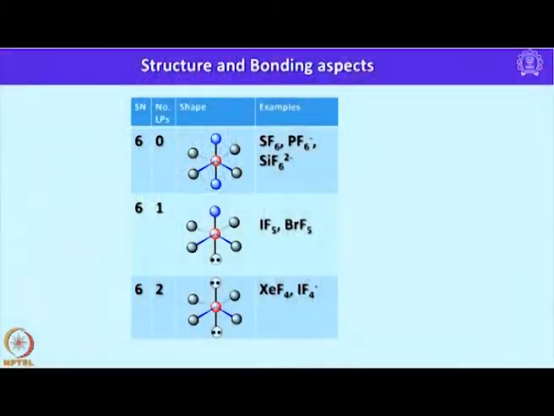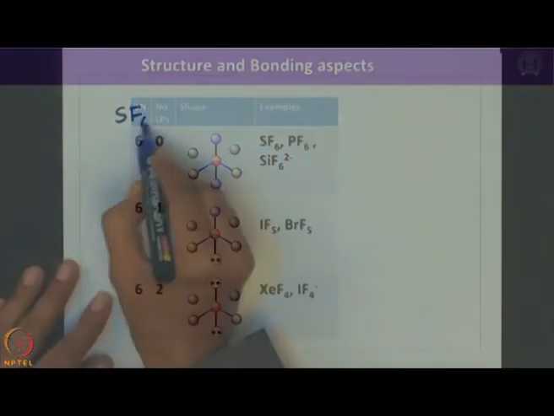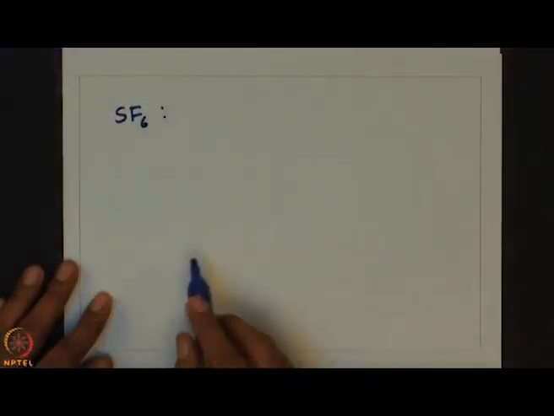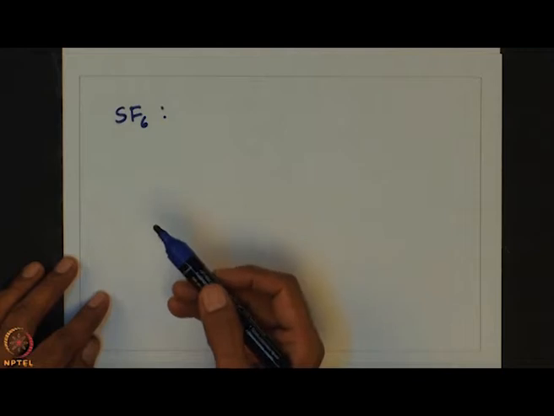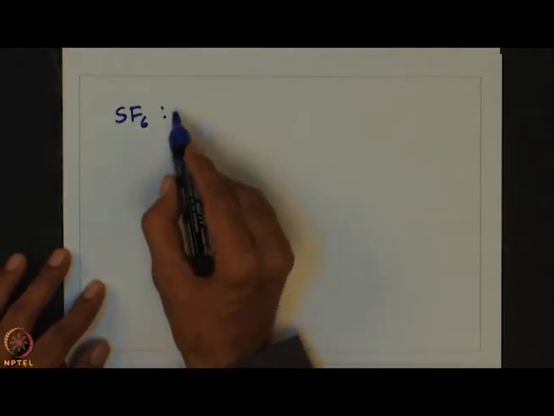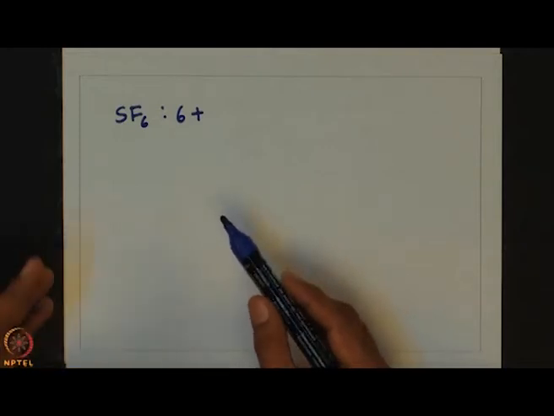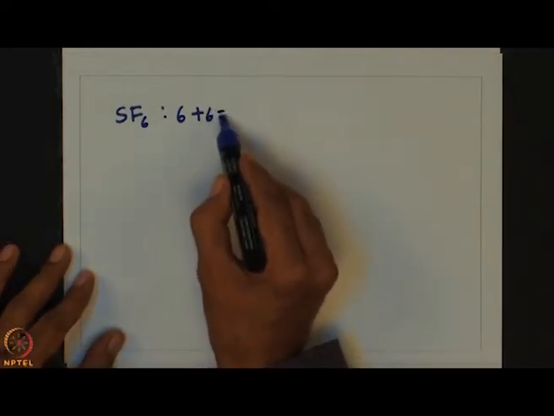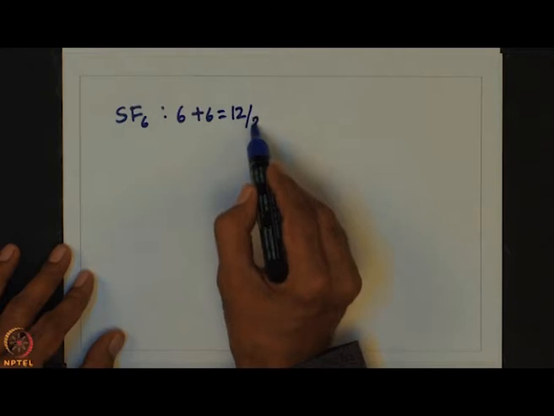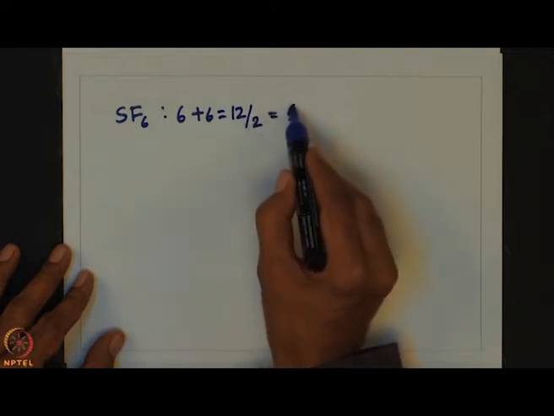In this one we have 3 cases, the first having no lone pair. When we have no lone pair, the example I am going to consider is sulfur hexafluoride. So, sulfur has 3s2 3p4 electronic configuration. So, it is contributing 6 electrons and 6 fluorine atoms are contributing 1 electron each. So, we have a total of 12 electrons divided by 2 equals 6 pairs of electrons.